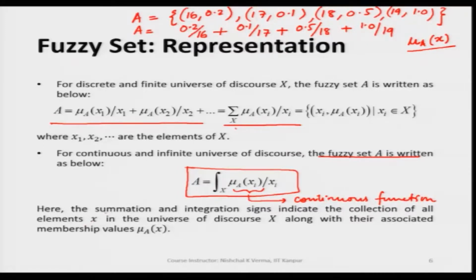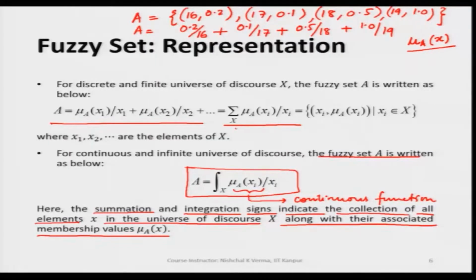As it is written here, the summation and integration signs indicate the collection of all the elements in the universe of discourse along with their associated membership values. So, please do not use this summation for addition, and do not integrate the function that is coming.